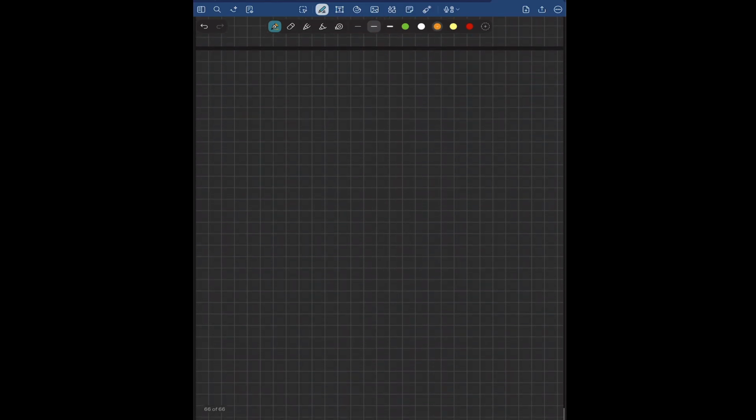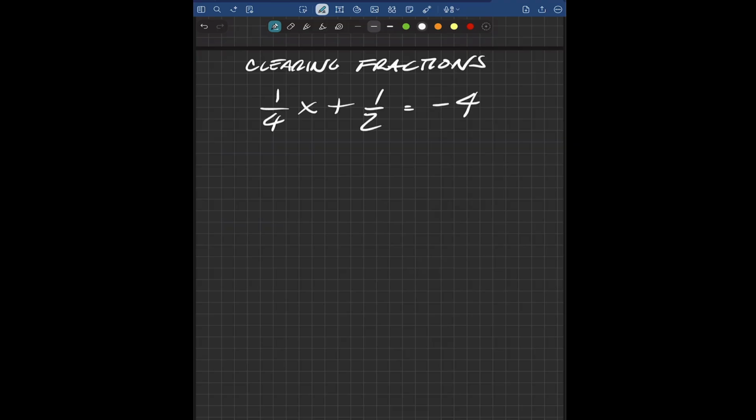Another way is to use a method called clearing fractions. Clearing fractions, let's write down the equation, just means I have to look for or determine what is the least common multiple.